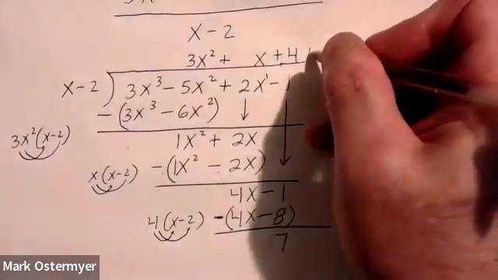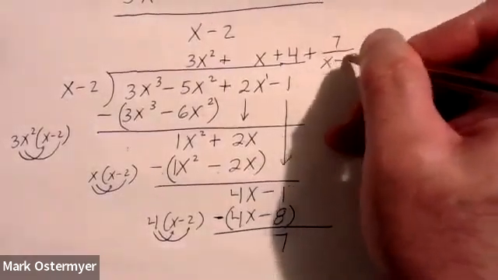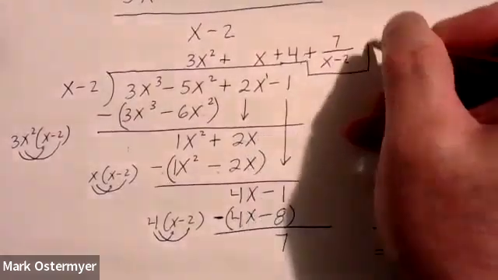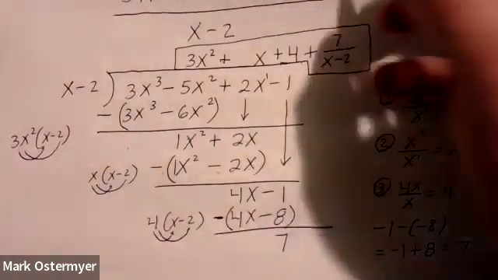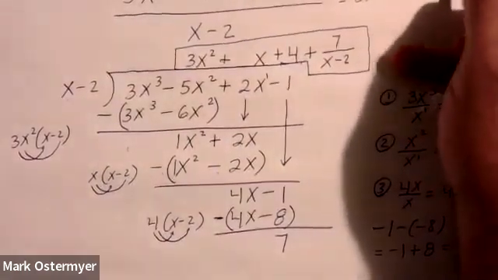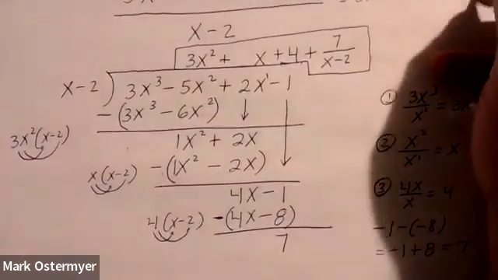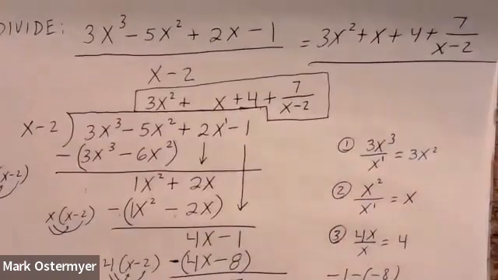Go to your quotient, put a plus sign, bring your remainder 7 up, put it over the divisor. You have your entire answer. This is your quotient. This whole thing is your quotient here. Okay. So your quotient is 3x squared plus x plus 4 plus 7 over x minus 2. That's your entire quotient. That's your answer.